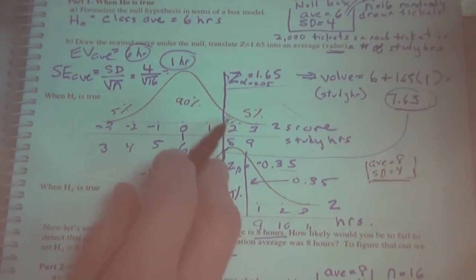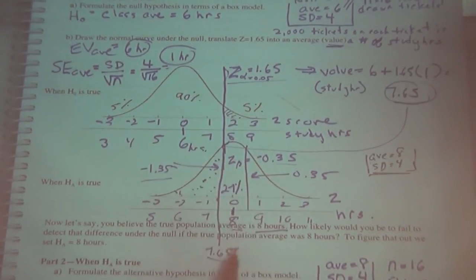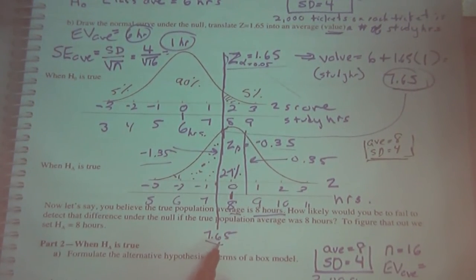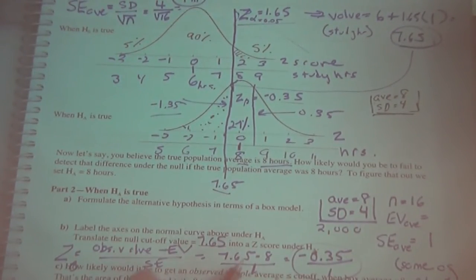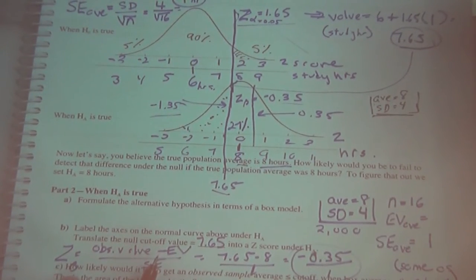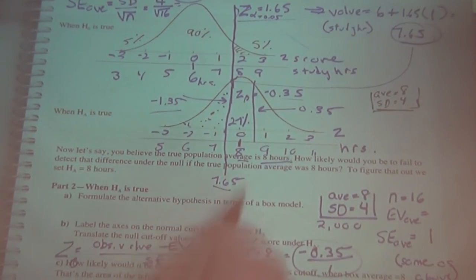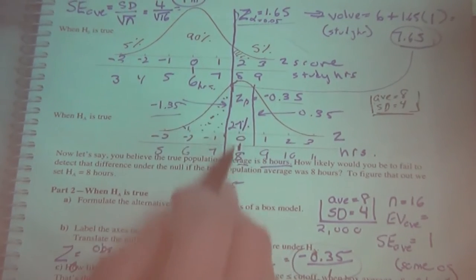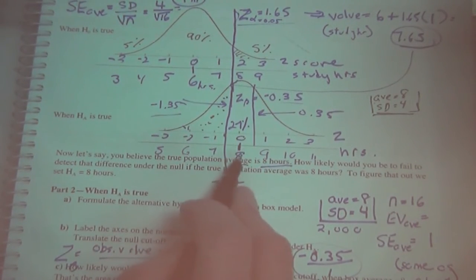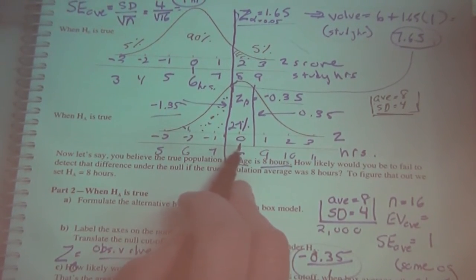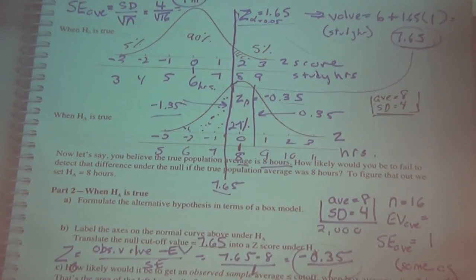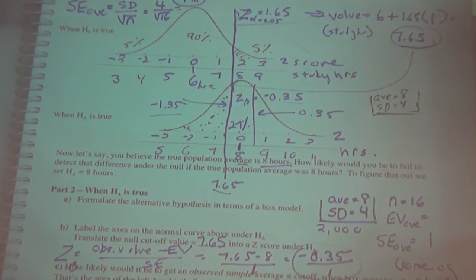And what we did was we knew everything, so we translated this observed value of 7.65, this difference right there, into a Z-score.